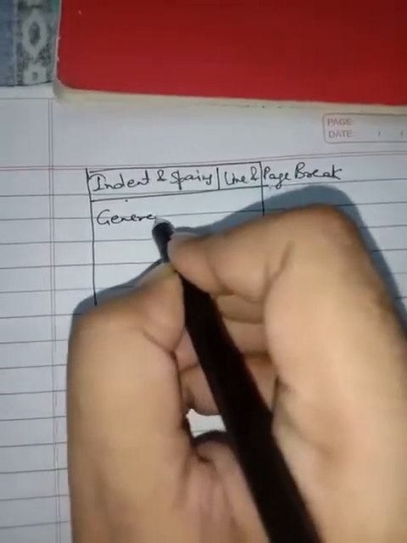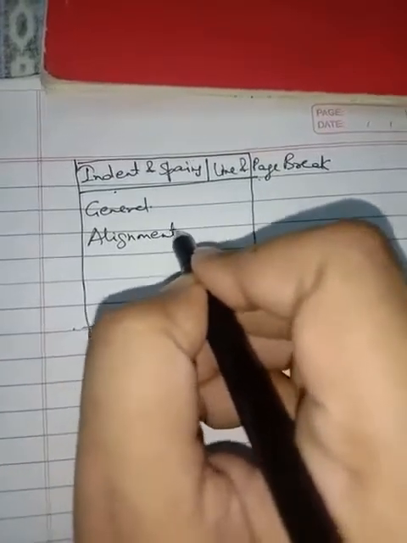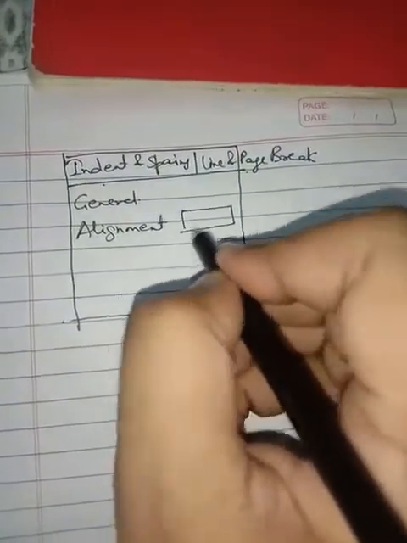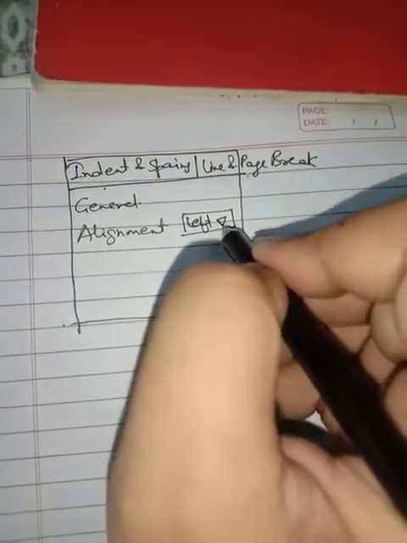So we have to click on indent and spacing. As soon as we click on indent and spacing, the first option that we will get is general alignment. As we discussed earlier, the alignment by default will be left. We can select any other alignment from here: right, center, justify.